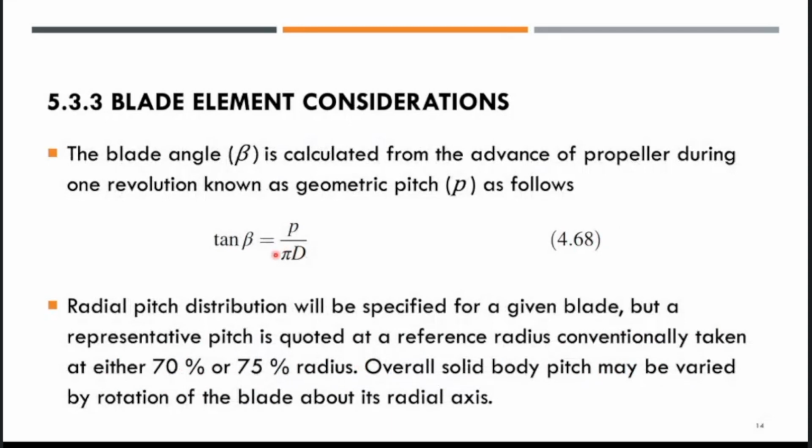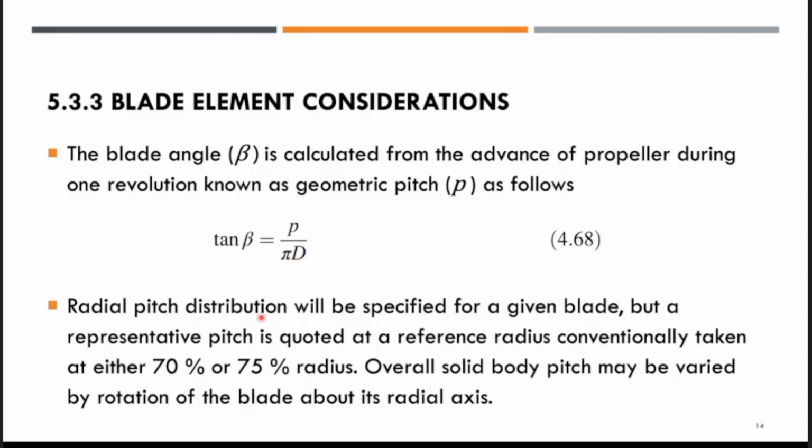So the blade angle beta is calculated from the advance of the propeller during one revolution, known as the geometric pitch, P, as follows: tangent beta, the blade angle, equals the geometric pitch over pi D, okay?